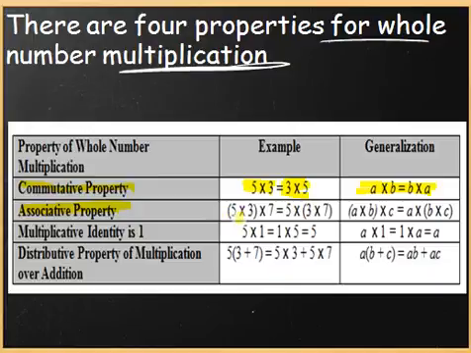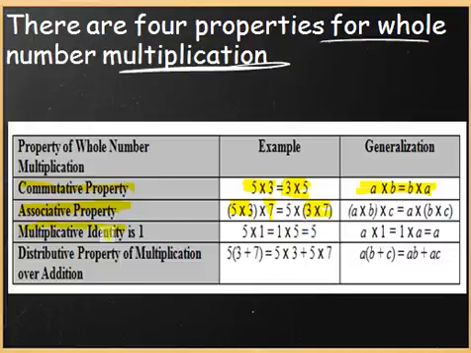For example, if I want to find the product of 5 times 3 times 7, I could first find 5 times 3, which is 15, and then multiply it by 7 to get my answer. Or I could take 3 times 7 first to get 21, and 21 times 5 would also result in that answer of 105.